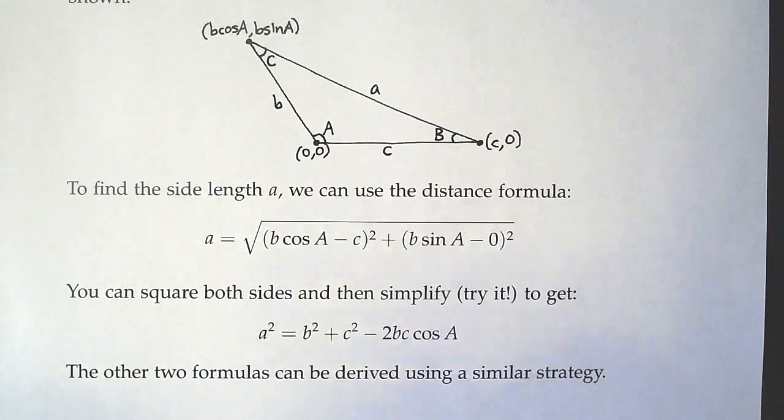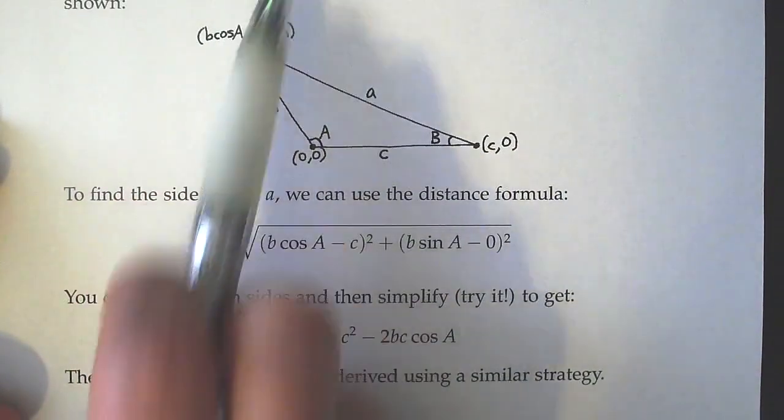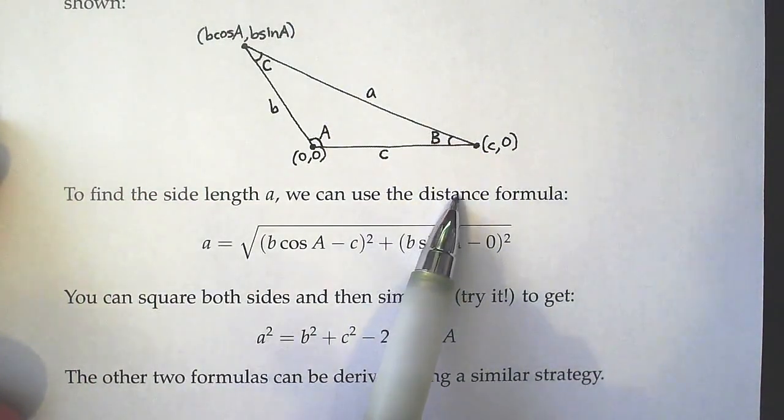So I'm not really going to make you do this from scratch. That's not really the point of this. The point of this is just so we're a little bit more justified in using this, that we've seen where it comes from. And the general idea is the law of sines is true because of the area formula, and the law of cosines is true because of the distance formula.